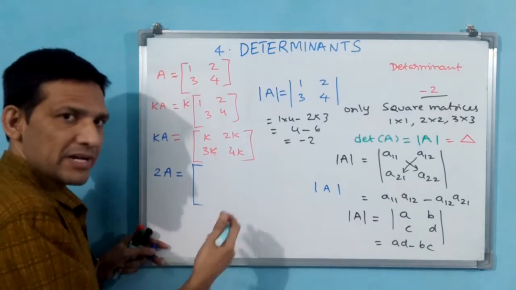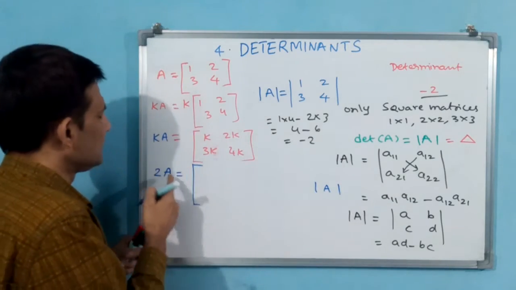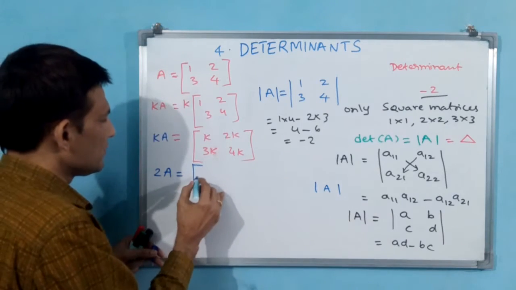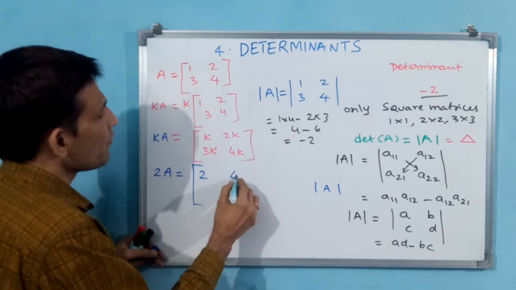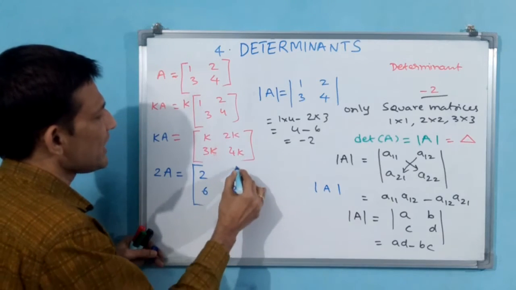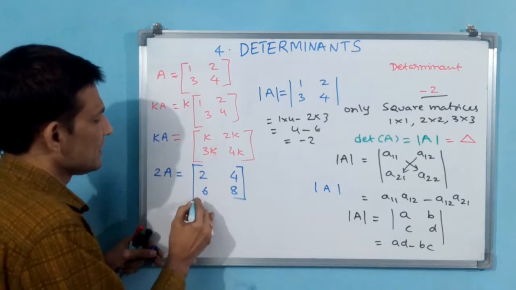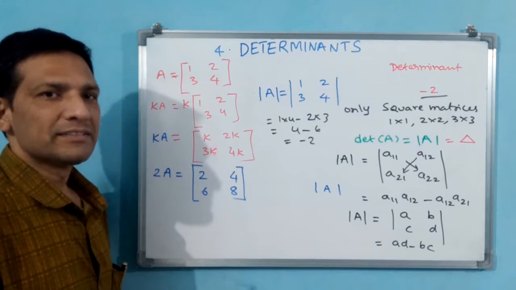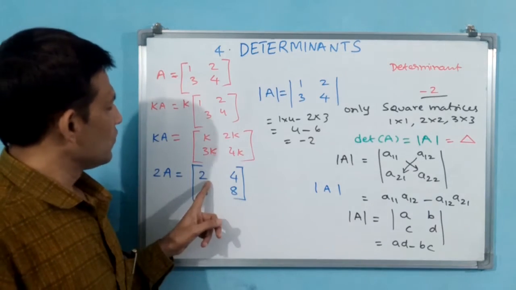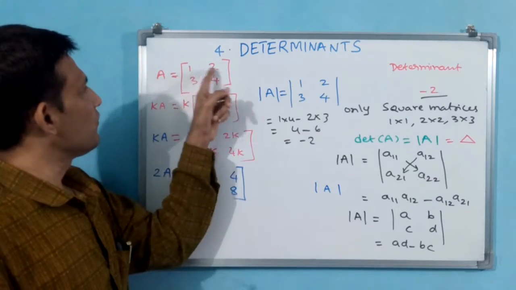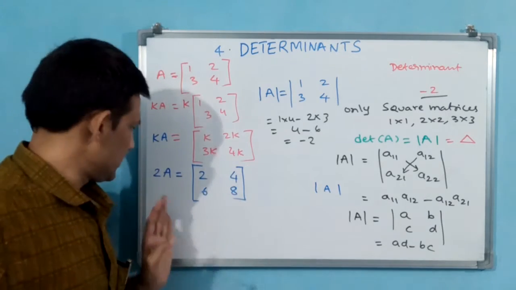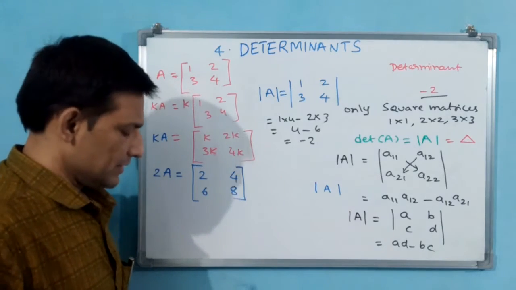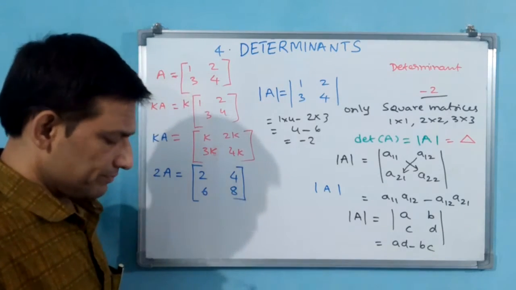This concept I am telling, it will come from matrices only. 2A means 2 into 1, 2; 2 into 2, 4; 2 into 3, 6; 2 into 4, 8. Is it correct? You understand? 2, 4, 6, 8. This is 2A.